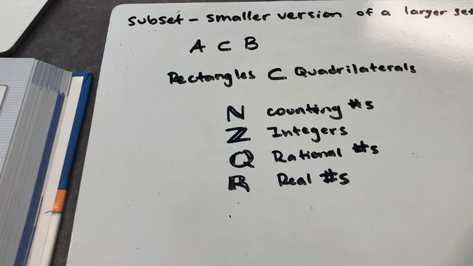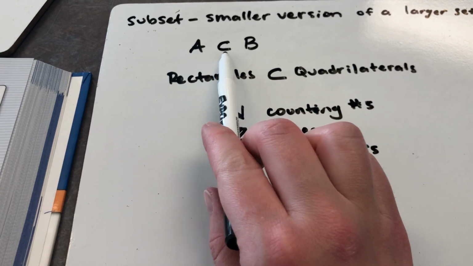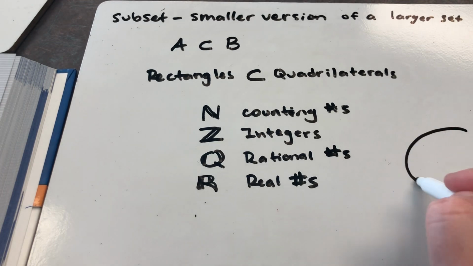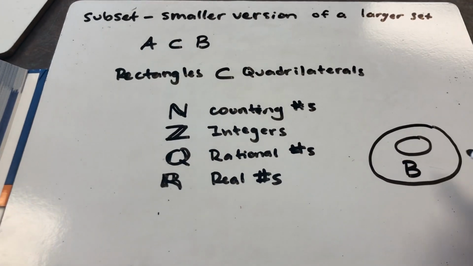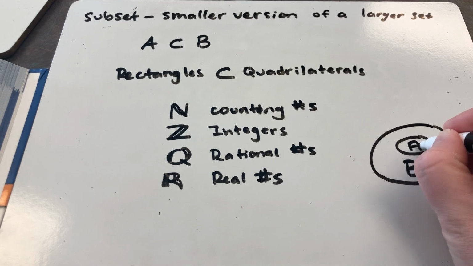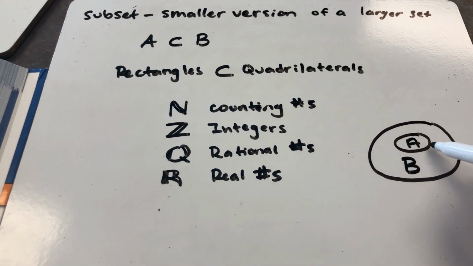So if we were talking about our notation up here, where set A is a subset of set B, we could draw a Venn diagram. And so in this example, B, or quadrilaterals, would be our large circle, and every rectangle you ever come across is a quadrilateral, so A is a subset of B.